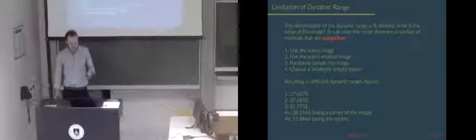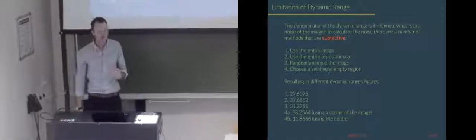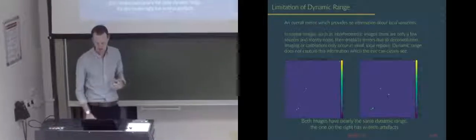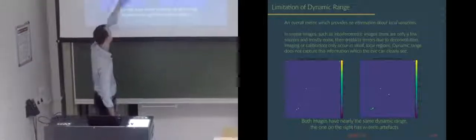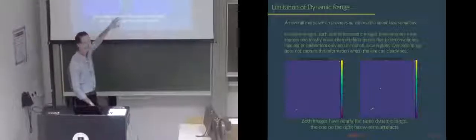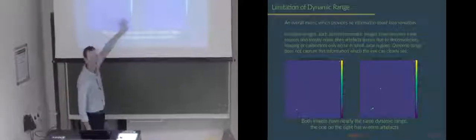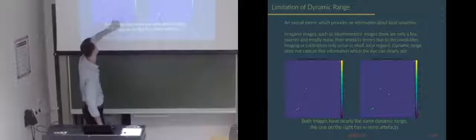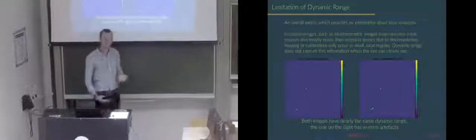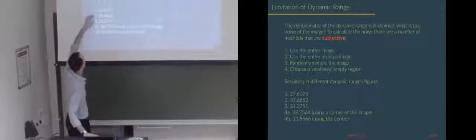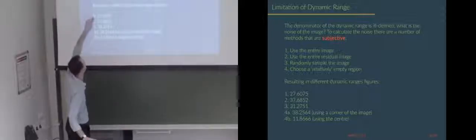And there's all sorts of ways to compute dynamic range. Going back to this image, how do you compute the dynamic range on these images? Do you take the entire image and compute the noise factor for that, or do you take a region which I know to be noise-free, or do I take kind of a central region, or just the edges? By picking different regions of noise, if you use the entire image, you produce a signal to noise of this.